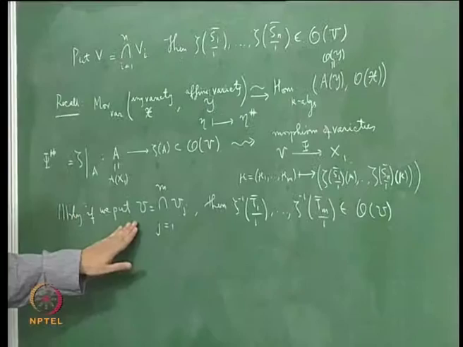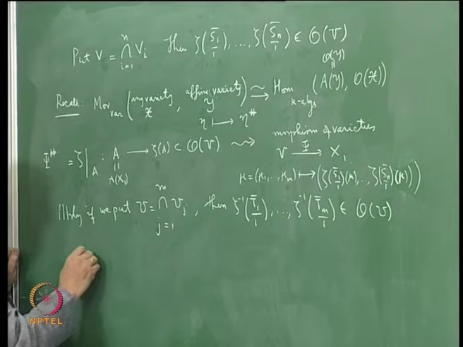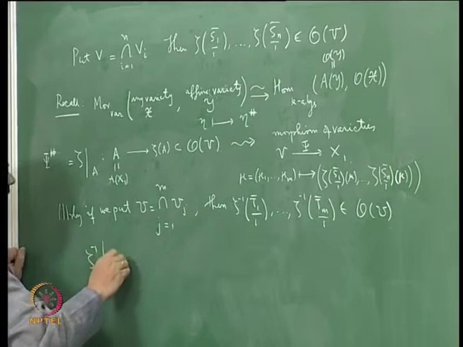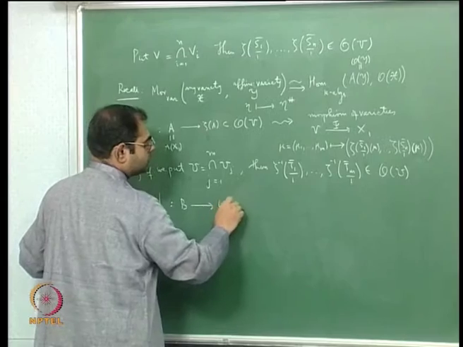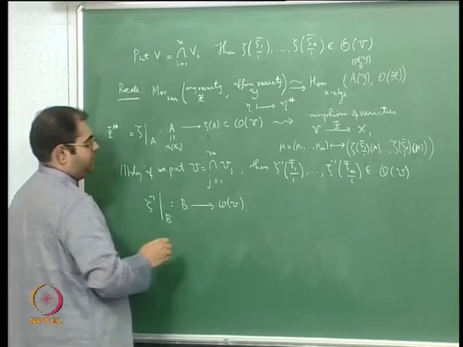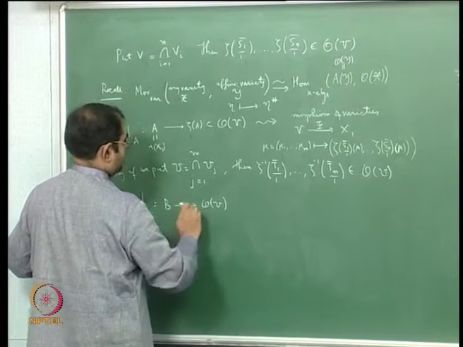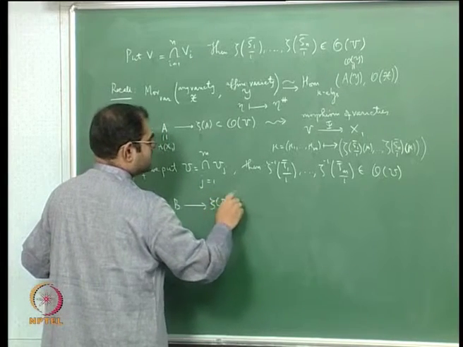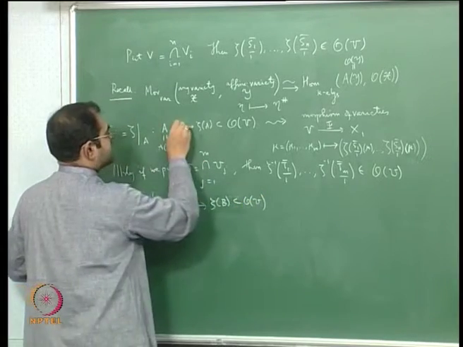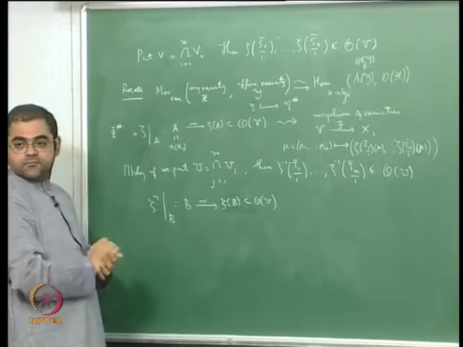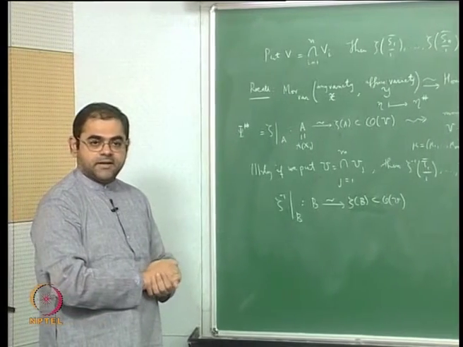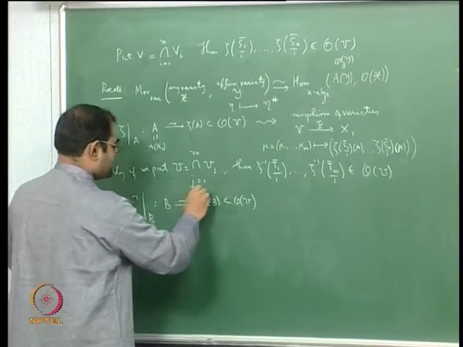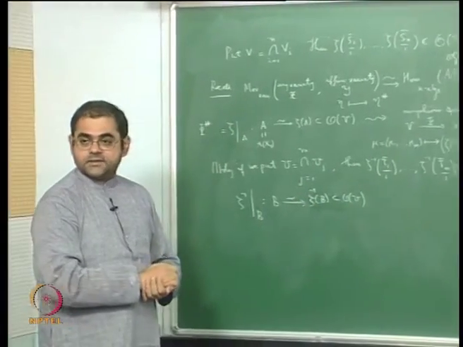Therefore if you take zeta inverse and restrict it to B, it is going to give you a map from B to zeta inverse B, which is sitting inside OU. Mind you, this is an isomorphism, because they are images under an injective ring K-algebra homomorphism.